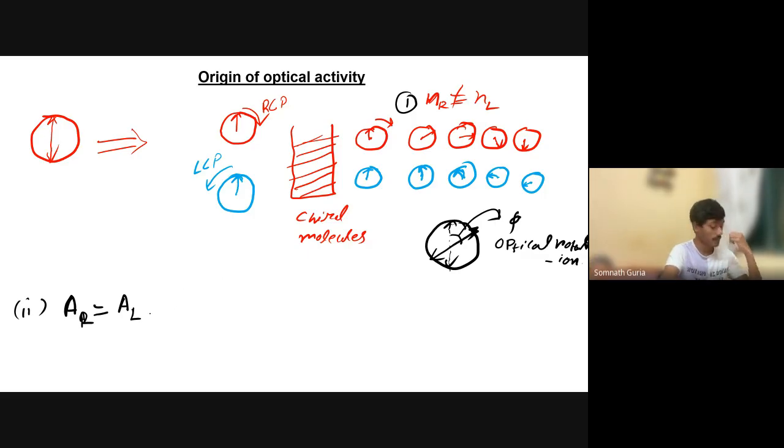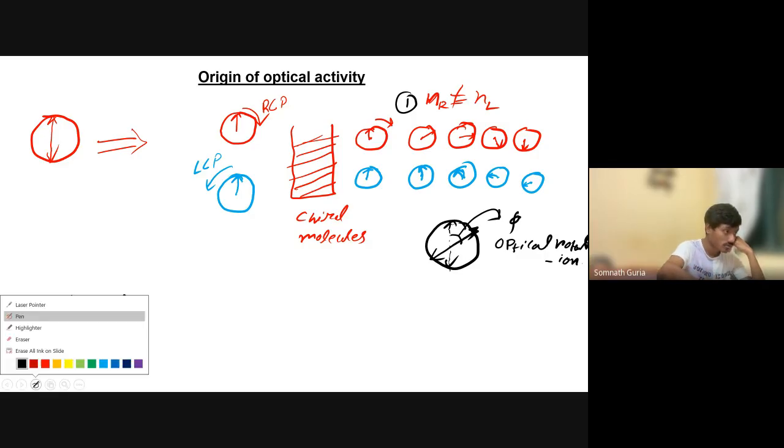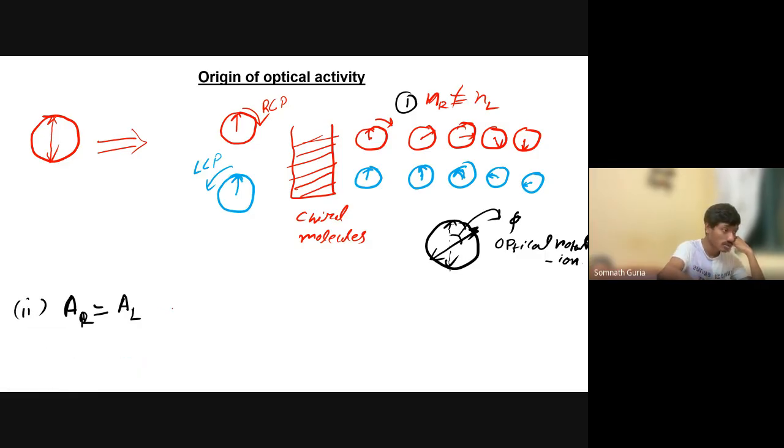So our initial one is two circularly polarized lights, RCP over here and LCP over here. Both absorbances are different.